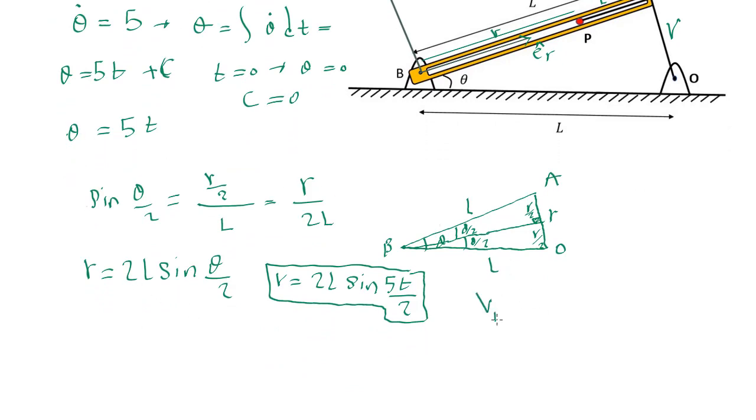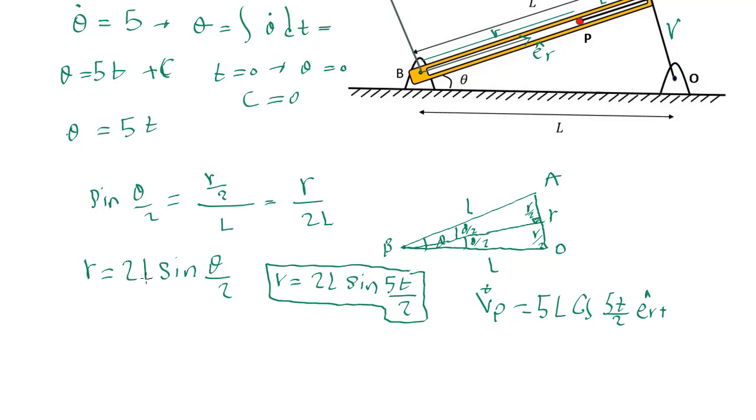Vp is equal to R dot. So here R dot is going to be very easy. So this is 5 over 2 times 2L, that's going to be 5L cosine 5t over 2 in the ER direction plus R theta dot.